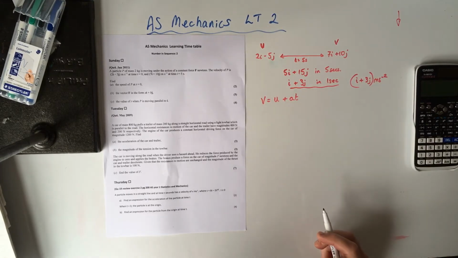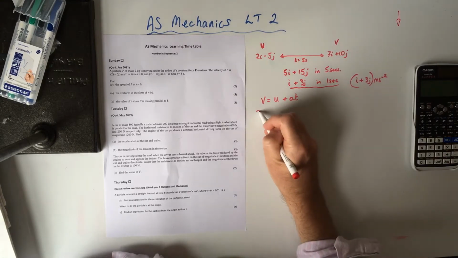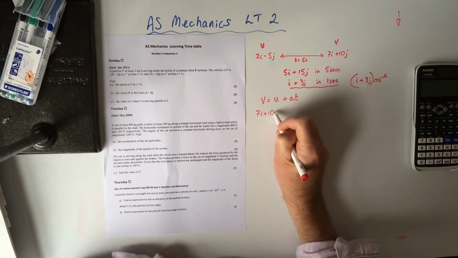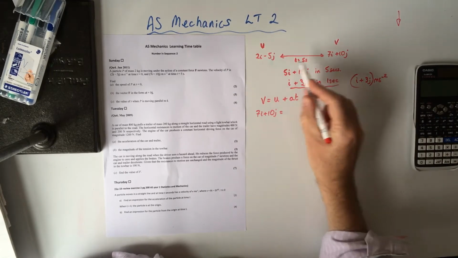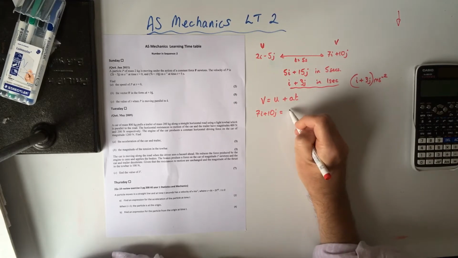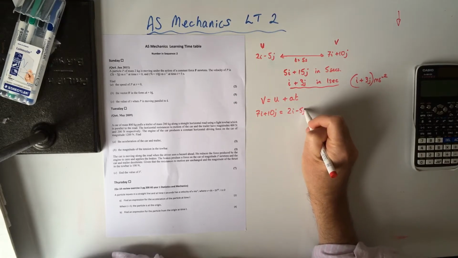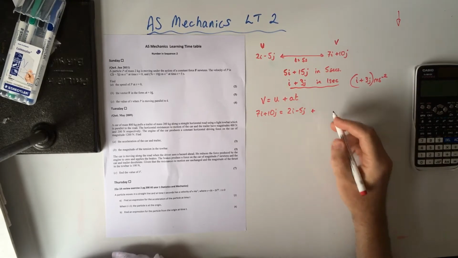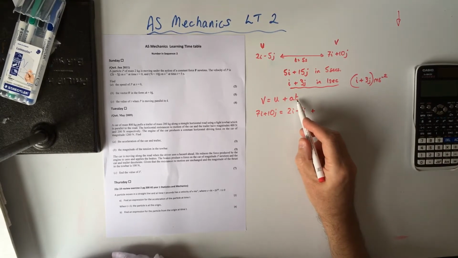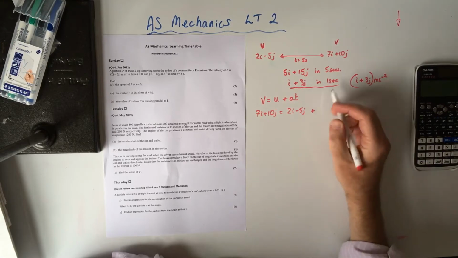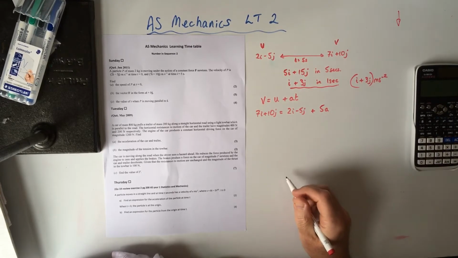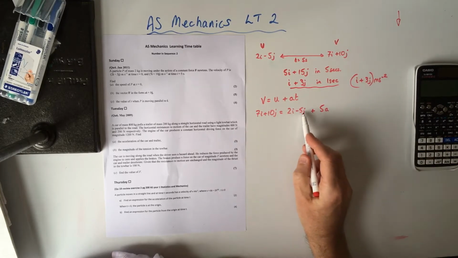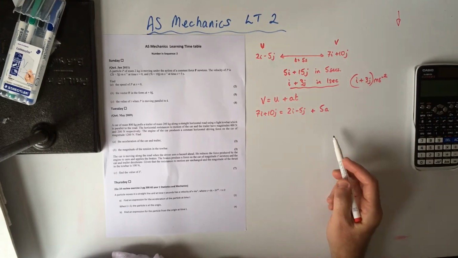V equals u plus at. The velocity is 7i plus 10j, the initial velocity u is 2i minus 5j, plus the acceleration, which we don't know, but we know that the time is 5, so 5 times a. So there we go, just sticking these vectors into v equals u plus at.